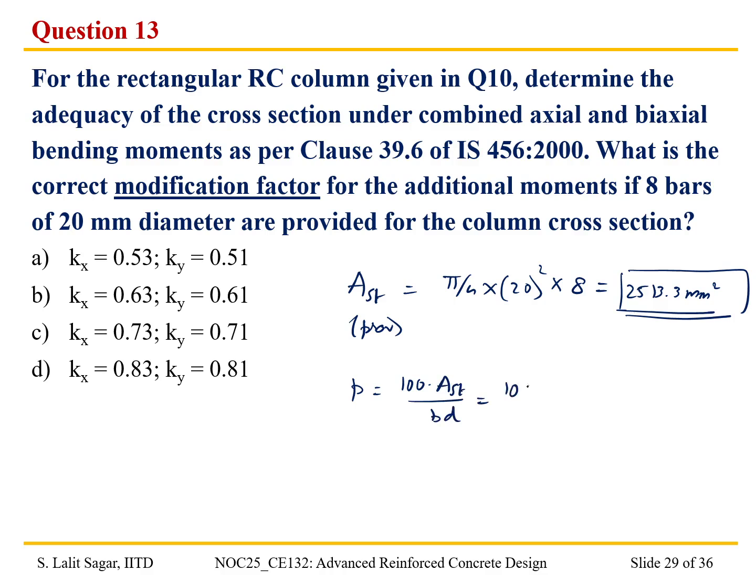So that is 100 into 2513.3 by 400 by 500. So that turns out to be 1.257%.